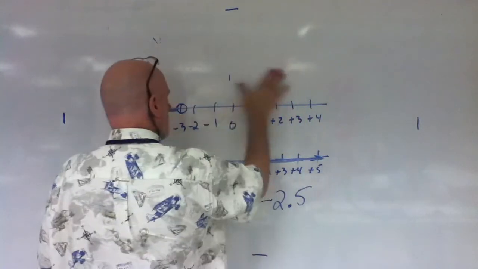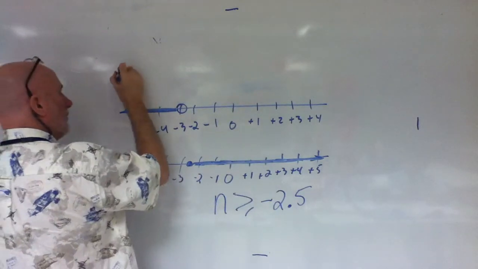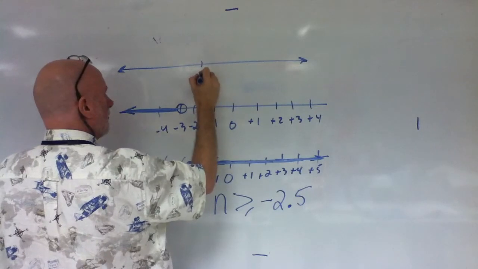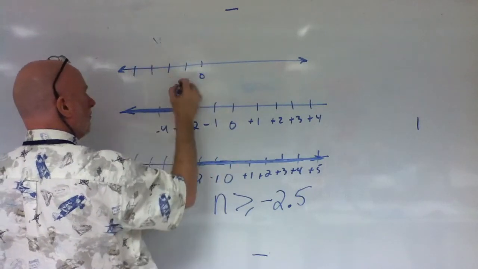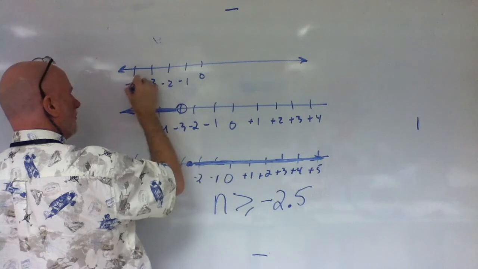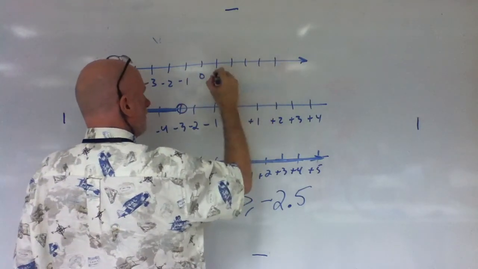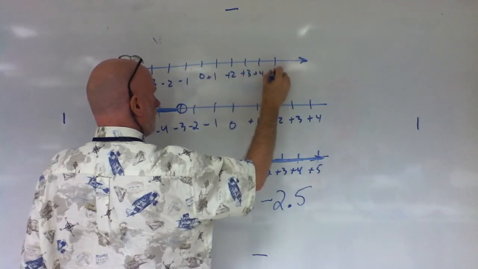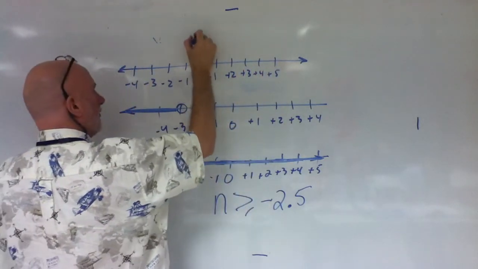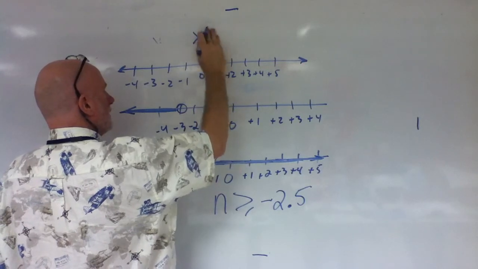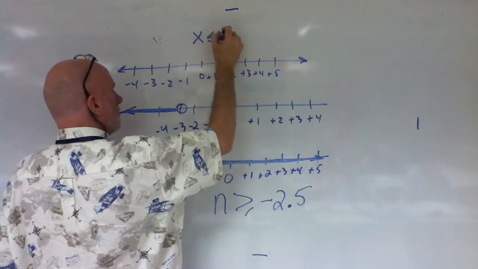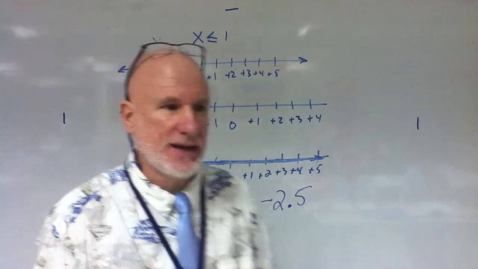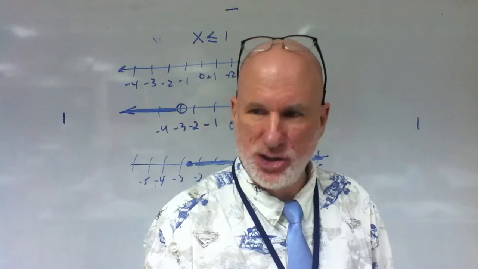Let's say I had a graph. X is less than or equal to 1. Here I am. I said, let's get away from X, and what did I automatically choose?